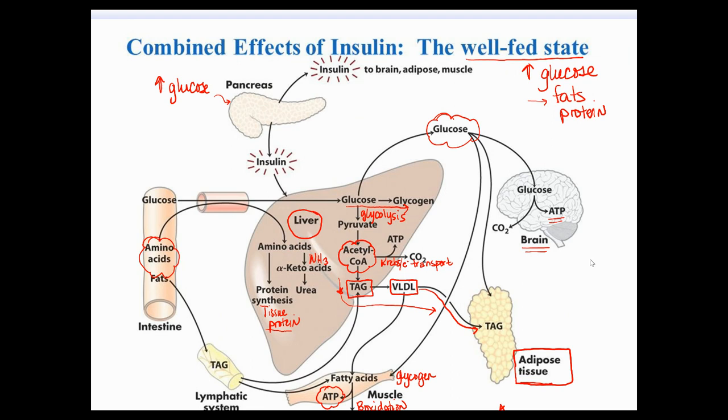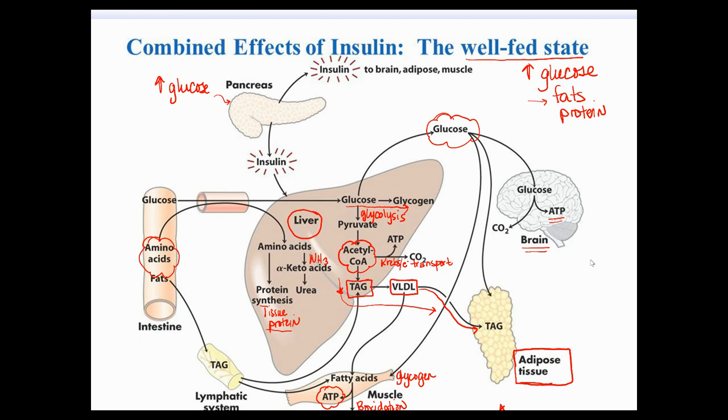the best diets will have a well-fed state where you have a well-balanced meal, where you don't have ridiculously high amounts of any of them and you have a balance of them.